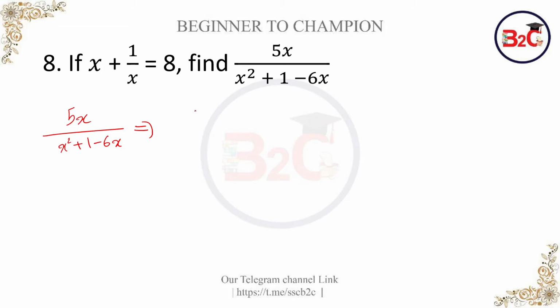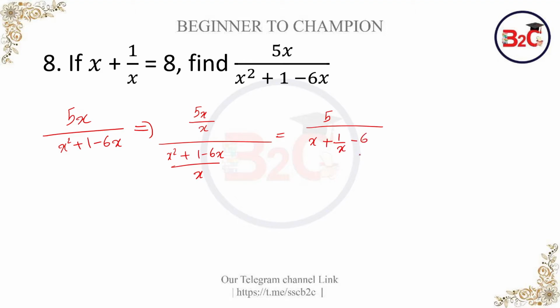So 5x by x divided by x square plus 1 minus 6x divided by x.